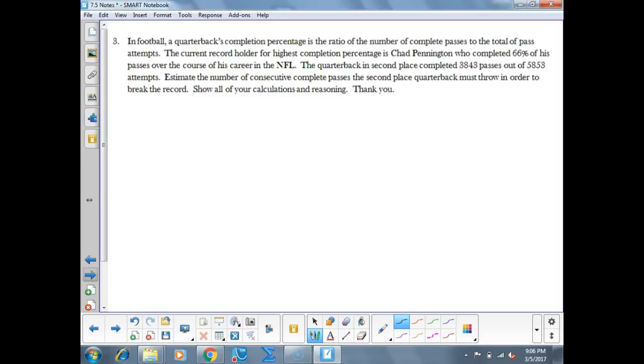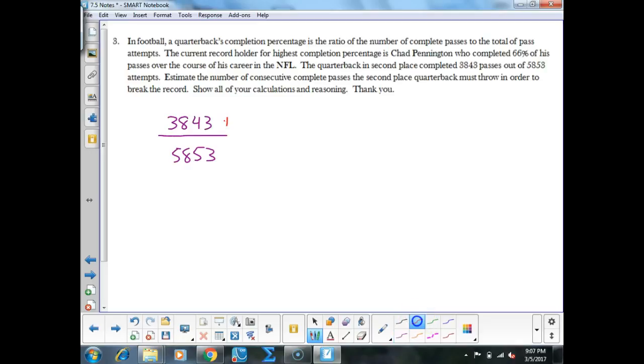Show your calculations. Well, so if this second tier quarterback, right now he's sitting at 3843 out of 5853. He starts playing. He's got to complete some passes. But for each pass that he completes, that means that he's attempted another pass. And we want that to equal 66%, which in decimal form is 0.66.